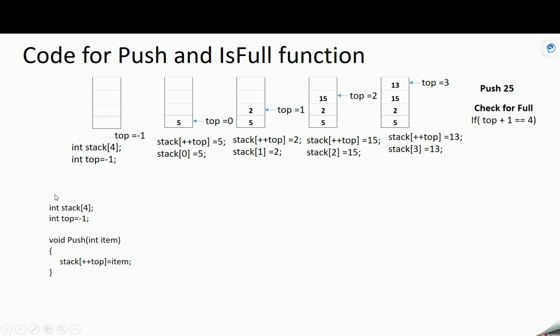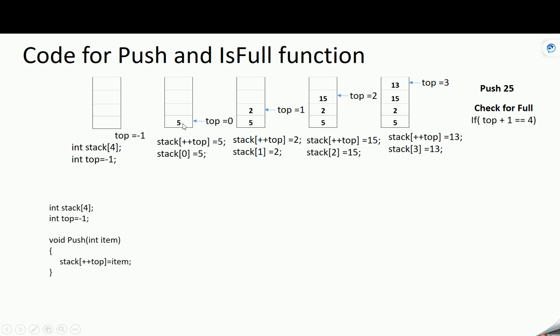Initially we have a stack of size 4 and top -1, which indicates it is empty. Now we have a function, say push, and it takes a parameter item.